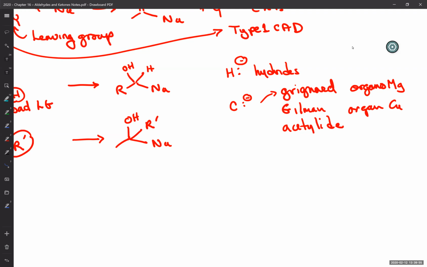Acetylide's a little bit easier; its pKa is a little bit lower. But all of these will attach and make this tetrahedral intermediate, the TI, or tetrahedral product. Whether or not the reaction can reverse just depends on the pKa of that added group.